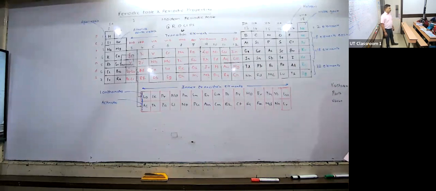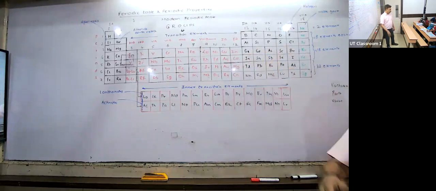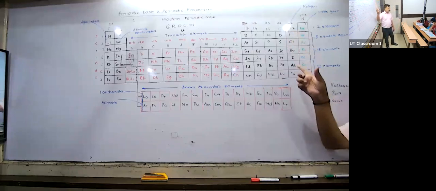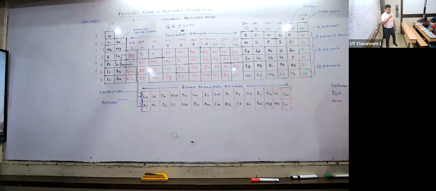Science teachers make up sentences to remember, but then finally you forget most of the time, because you remember only after writing the symbol. You can also remember through groups.